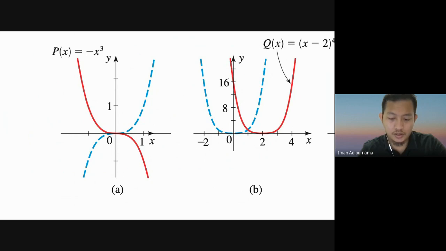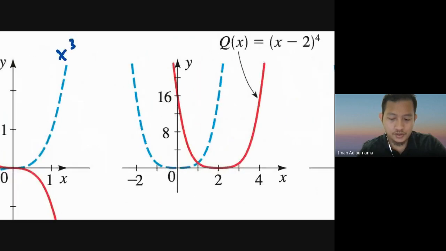The blue one here is the original function. Let me write here, this is x cubed, and the red color here is the mirror, or the reflection, of x cubed.